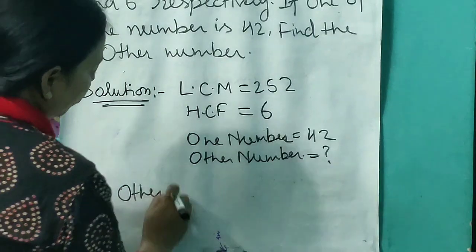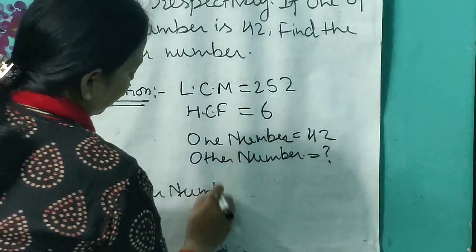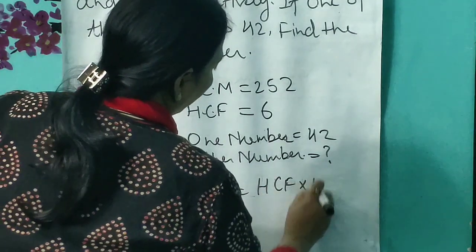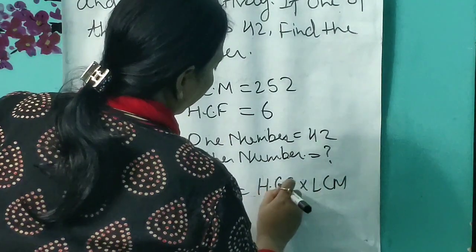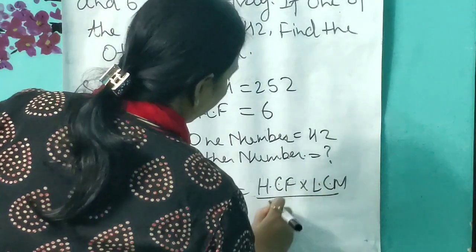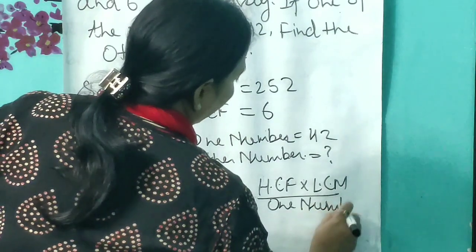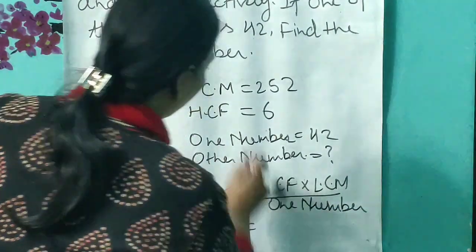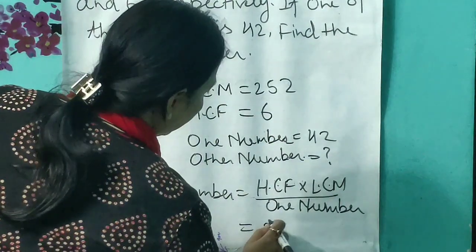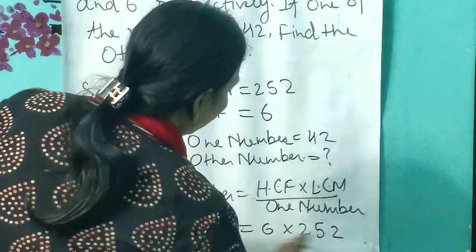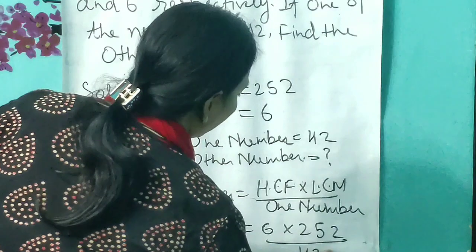Other number is equal to HCF into LCM divided by one number. Or you can write first number also. So here you write 6 into 252 divided by 42.